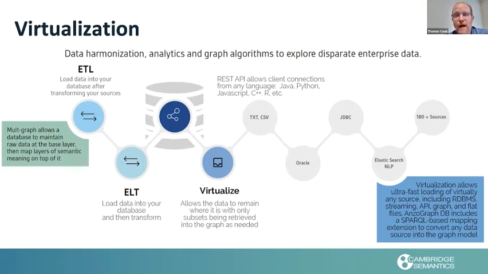So you can have your graph connected to sources like JDBC sources, HTTP, CSV, Elasticsearch, etc., and make that all transparent. You can either materialize that connection, have that data stored in the graph, or actually have a real-time pass-through query to those underlying sources. This really expands the breadth of our integration capabilities.